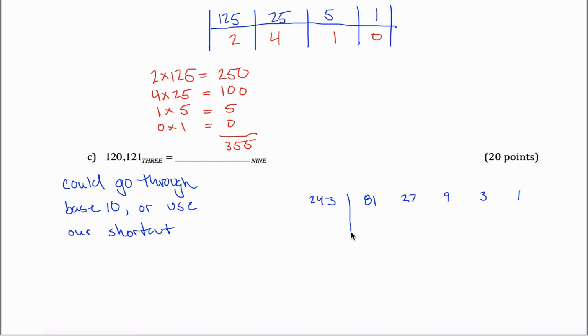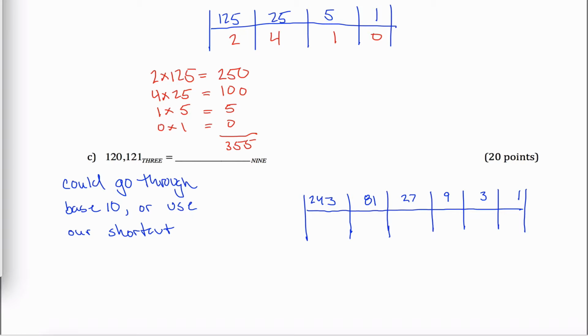Here are my first 6 powers, to the 0 power, up to 3 to the 5th power. And then the number that I'm given in base 3 is 1, 2, 0, 1, 2, 1.